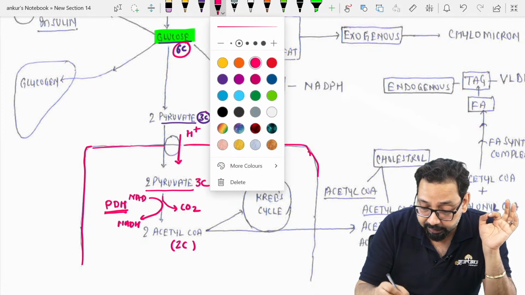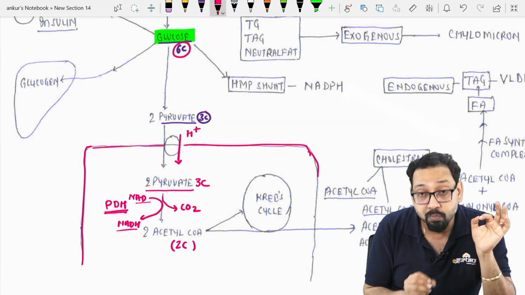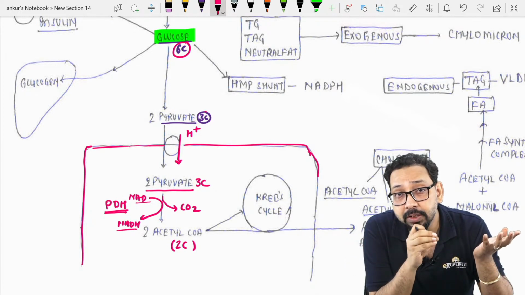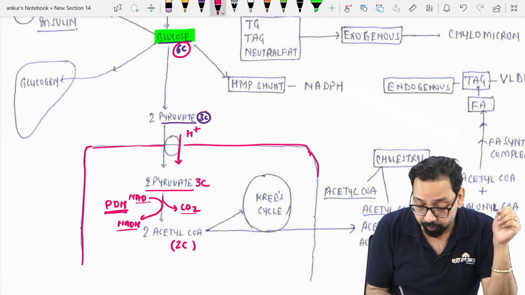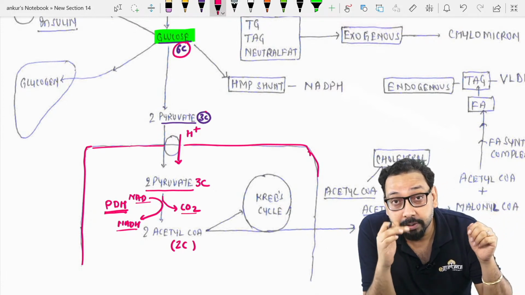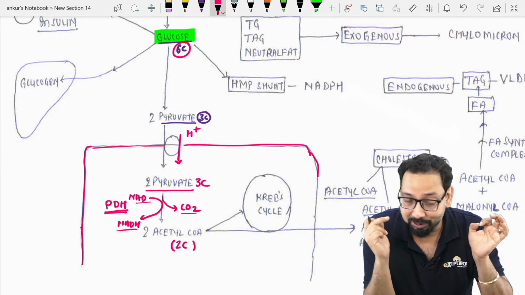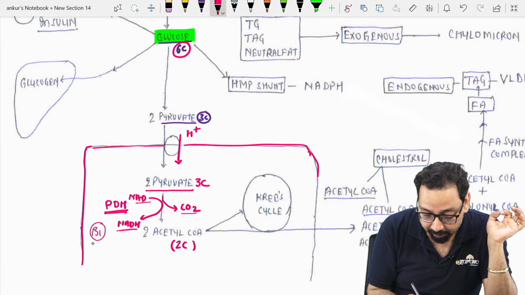So removal of hydrogen is called oxidation, joining of hydrogen, reduction, and removal of carbon dioxide, decarboxylation. So this reaction is an example of oxidative decarboxylation, and the cofactor is vitamin B1, that is thiamine.